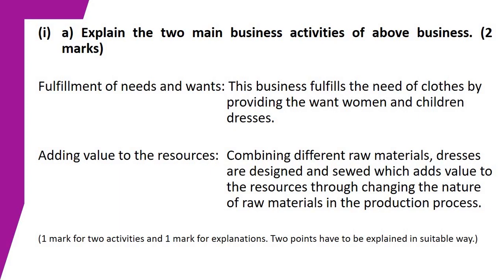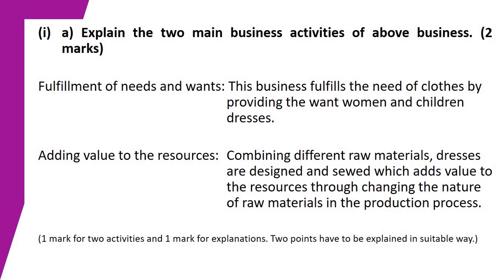As we know, there are mainly 2 business activities for any business: fulfillment of needs and wants, and adding value to the resources. Though the question asks about the activities of the above business, it asks about those activities which are common to any business. The only thing you have to do is relate that with the case given.